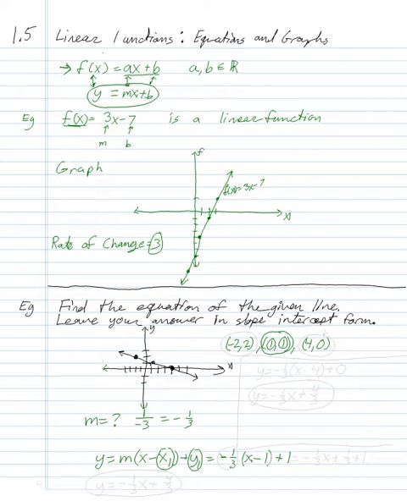Okay. So to put this into slope-intercept form, I need to write it in that form y equals mx plus b. So right now it's a little jumbled. If I distribute negative 1/3 across the parentheses, I'll get negative 1/3 x plus 1/3 plus 1.